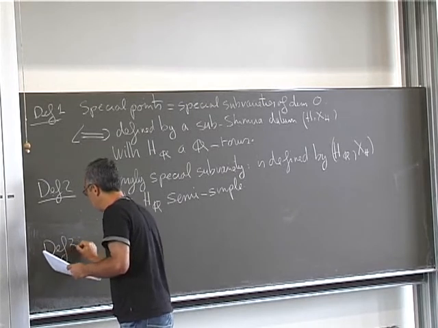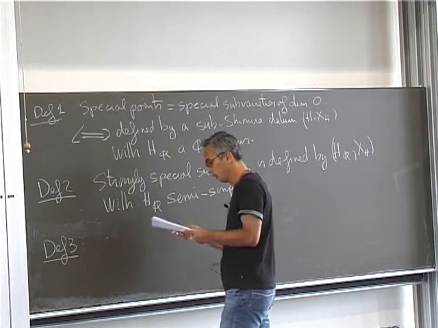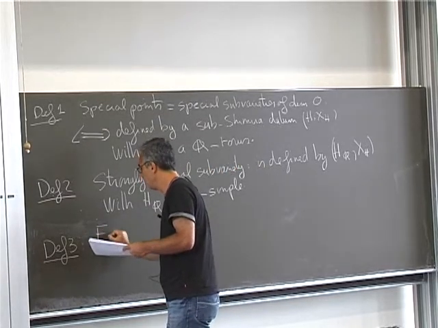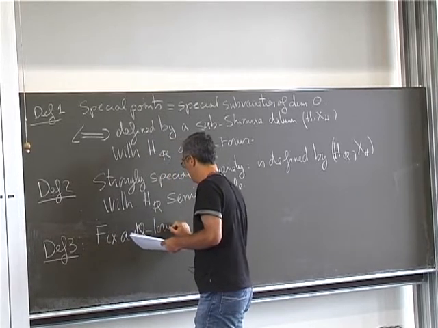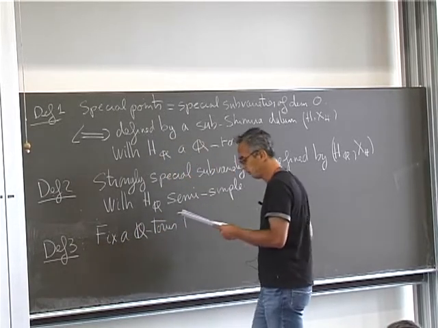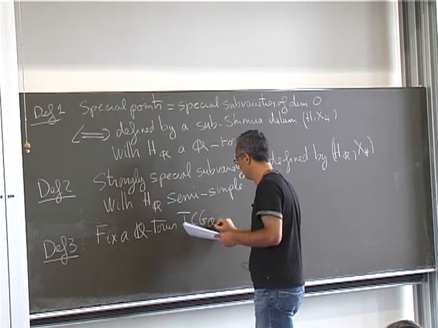And the last thing that I have to define is the following notion. Fix a Q torus T, TQ if you want, inside GQ.